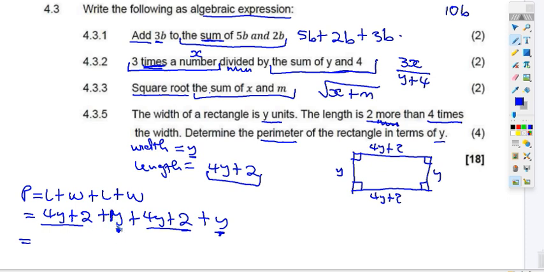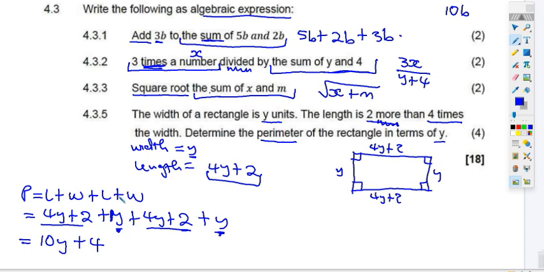So 4y plus 1y, that's 5y, plus another 4y, that is 9y, plus 1y, that's 10y. And then the constants is 2 plus this 2. That gives us a 4. So our perimeter there is 10y plus 4.